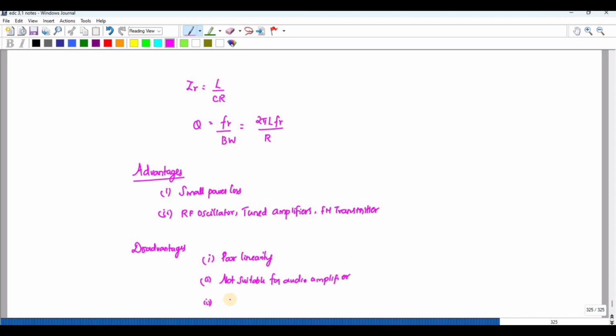It is not used for low frequency, since the capacitors and inductors become bulky. And it has a small conduction angle.